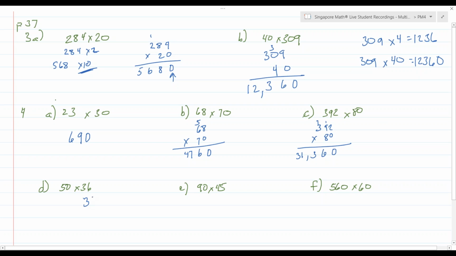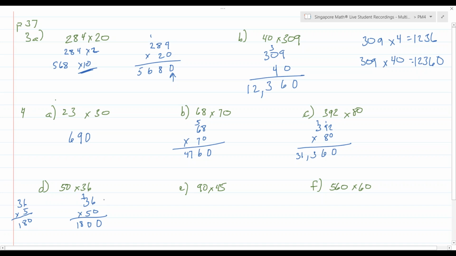50 times 36. Again, the 0 at the end just tells me I'm going to have a 0 in the ones place, and this is 5 tens times 36. Well, 5 times 36 gives me 30 for the tens place. 15 and 3 is 18. So again, 36 times 5 is 180.